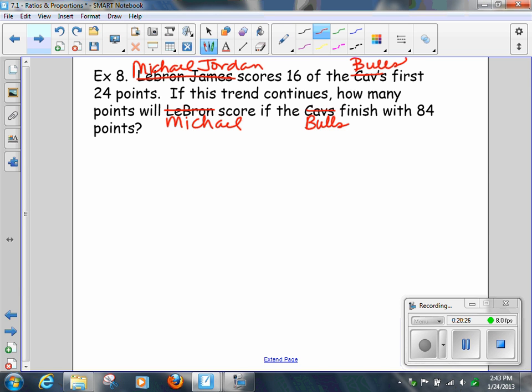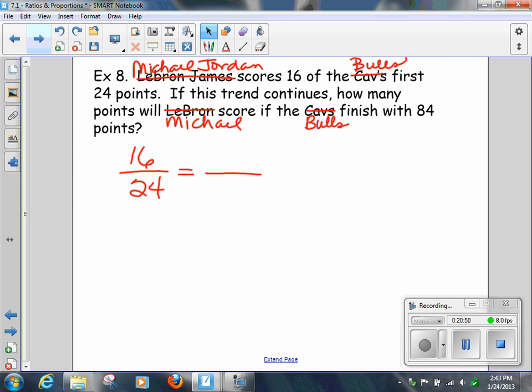Let's hold up. 16 over 24. That's the first sentence, and it's just in the order that we read it, right? So 16 of the first 24 points is going to be equal to how many points he will score if the team finishes with 84 points.